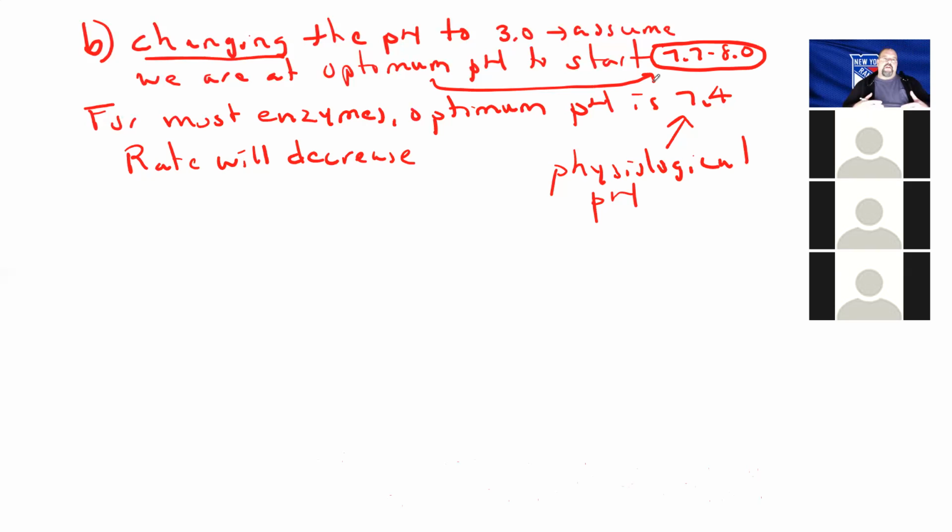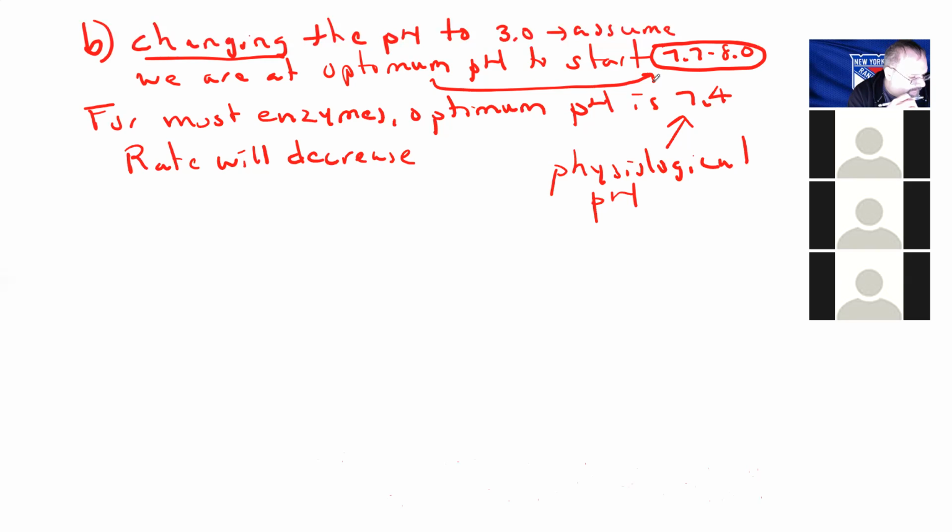If we were given a scenario where we talked about changing the pH from, let's say, 6 to 7.5, well, that would have the opposite effect. That would actually make the rate increase, because now you're getting more towards what the actual three-dimensional shape of the tertiary structure should be.